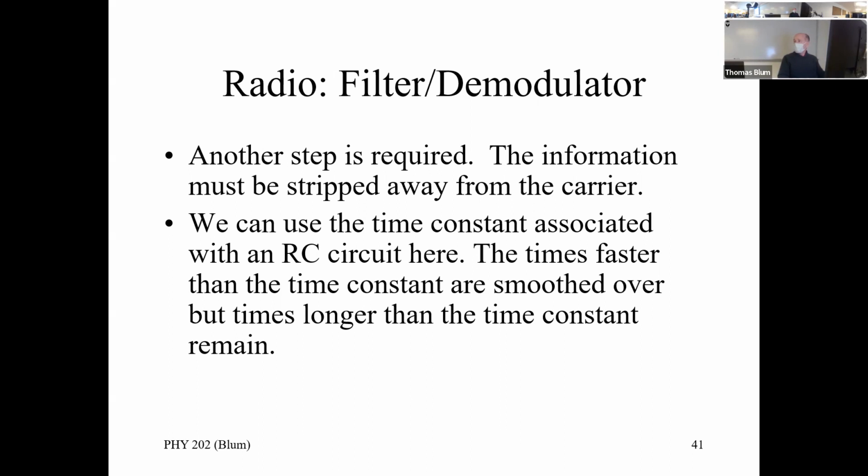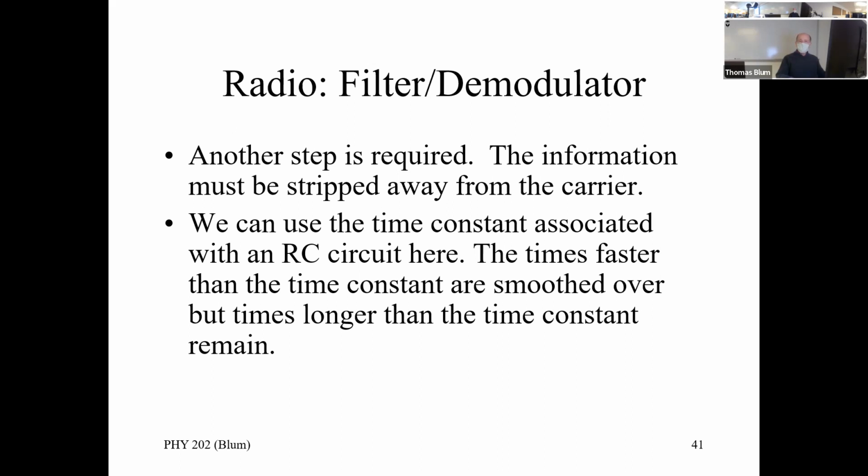Now, I had information and I had it on a sine wave, and I want to get rid of the sine wave and just keep the information. So now I bring in a demodulator, and that is another job for a diode.